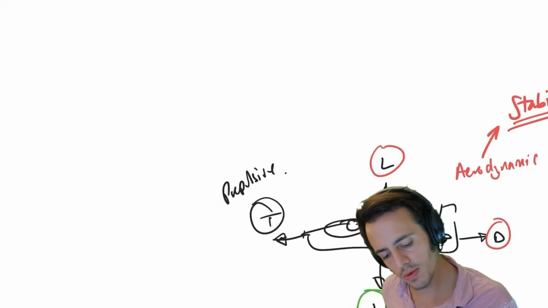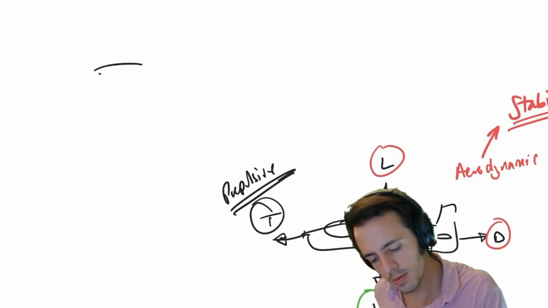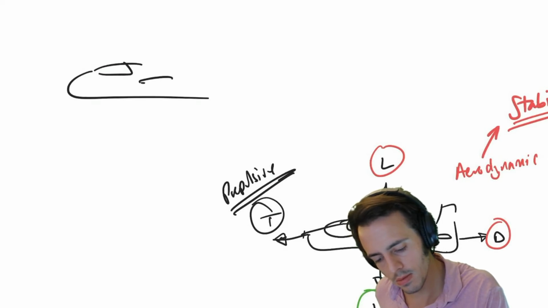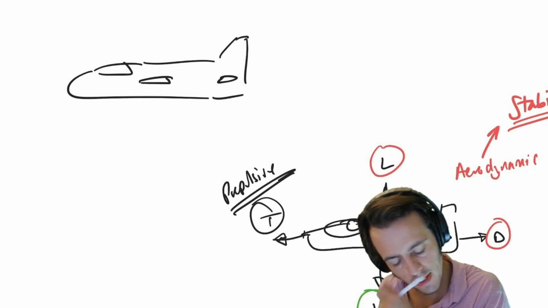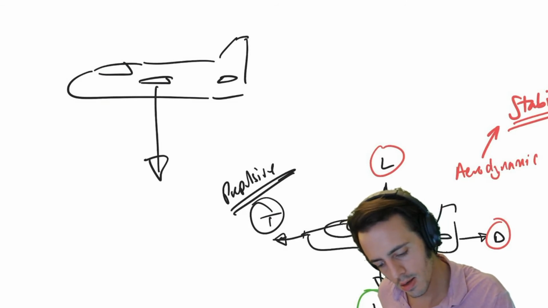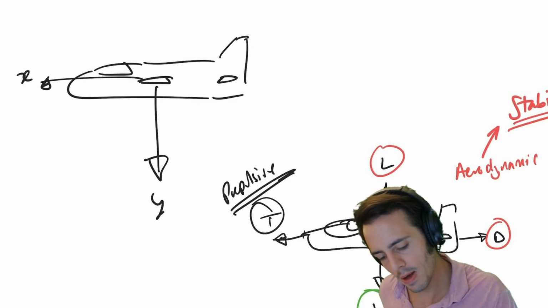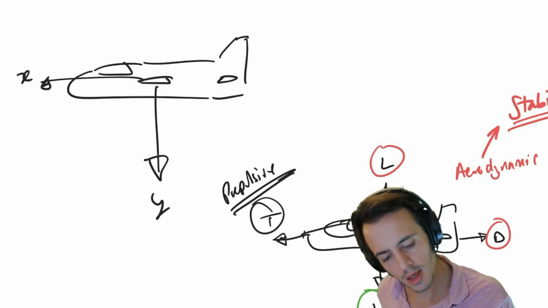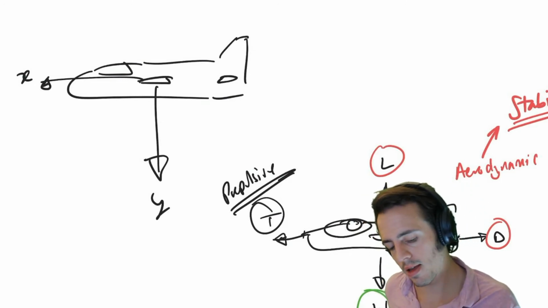Let's think about propulsive as well. Propulsive is best defined in body axes. If we've got our aircraft here, draw our body axes on top of this, X and Y. Now we're going to say that we've got some form of thrust axis misalignment.